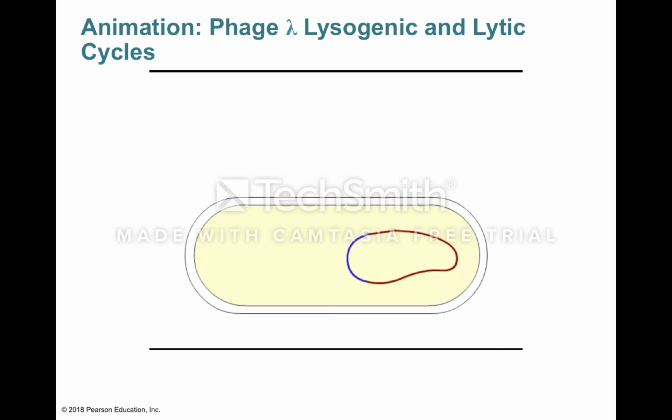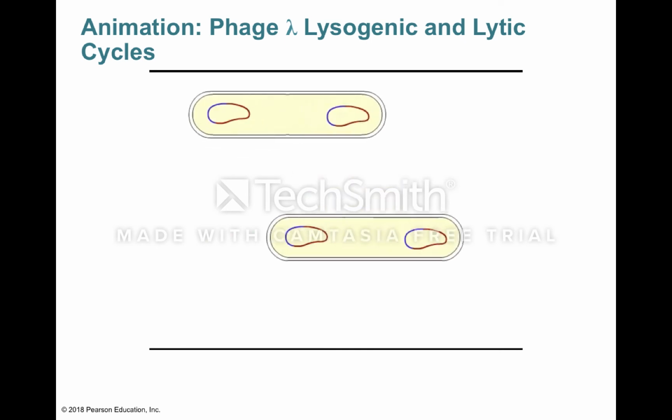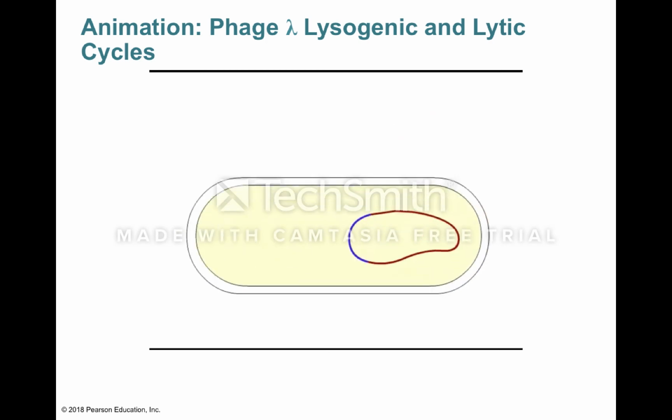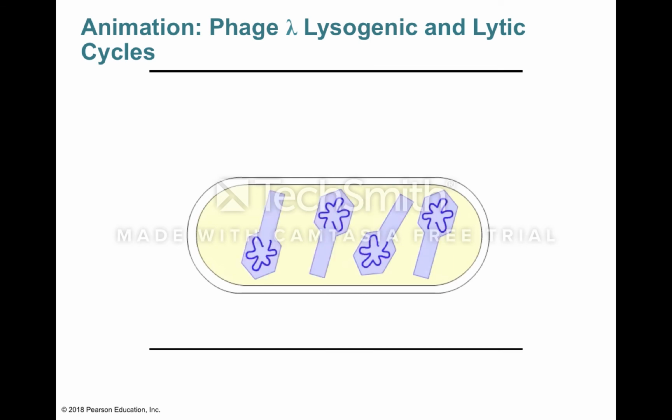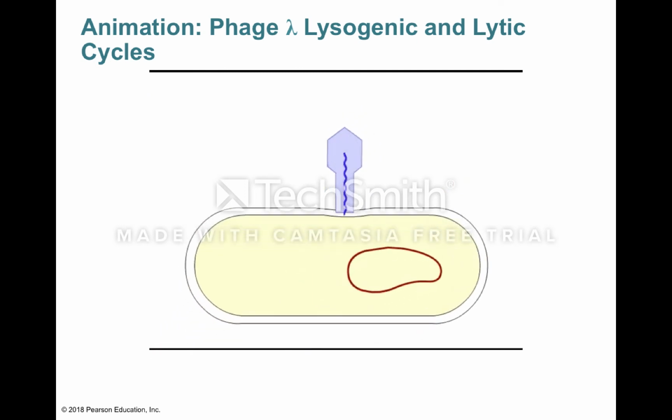Every time the host bacterium reproduces, it replicates the phage DNA along with its own and passes the copies on to daughter cells. Occasionally, the phage DNA exits the bacterial chromosome and initiates a lytic cycle. The viral DNA takes over the metabolic machinery of the host cell to make phage DNA and proteins. The host cell lyses, releasing phages which can infect other cells.